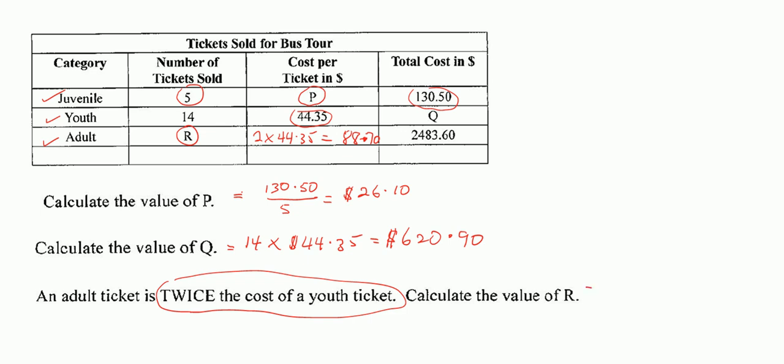So to get the number of tickets sold, it will be the total cost, $2,483.60, divided by the cost per adult ticket, $88.70, and that gives us 28 adult tickets. So R is equal to 28.